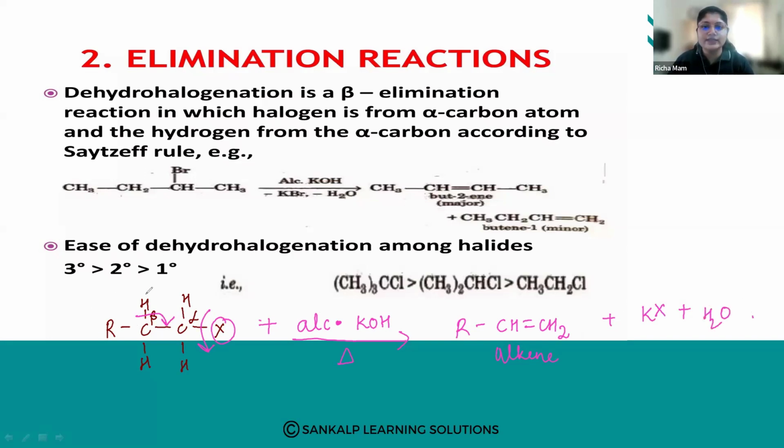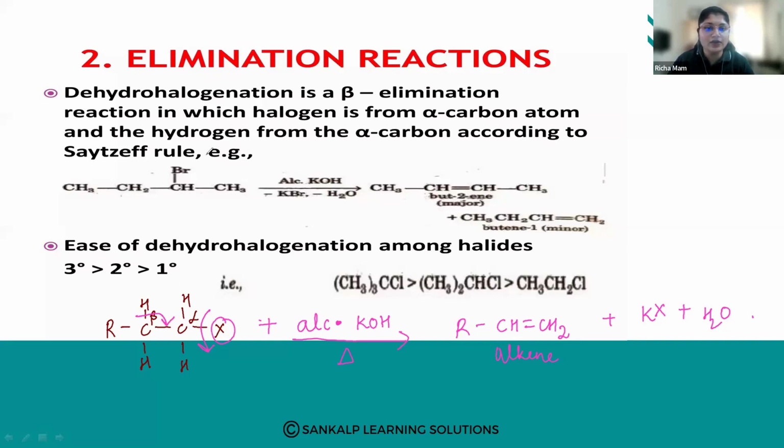From the beta carbon, the hydrogen is removed, and from the alpha carbon, the halide is removed. So this undergoes a beta elimination, because at the beta position, hydrogen is present.